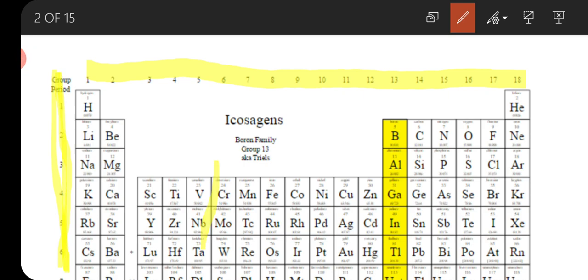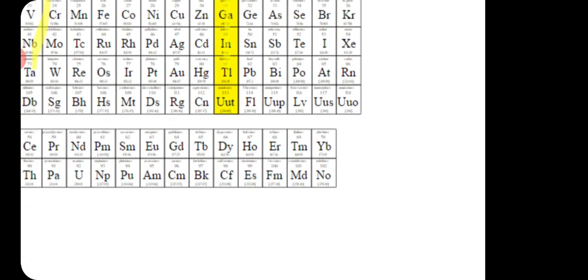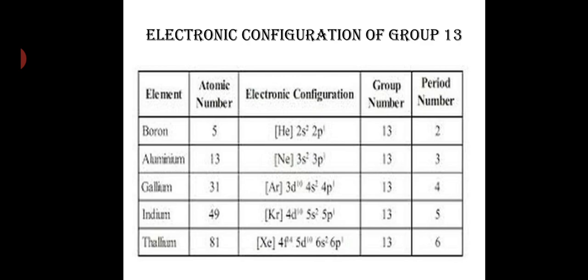Our group 13 is the start of the p block elements. The first element of group 13 is at atomic number 5, and the element name is boron. So this is the exact position of the group 13 elements.